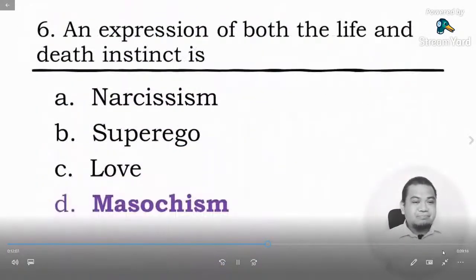Next number. An expression of both life and death instinct is? The answer is masochism. Masochism, like sadism, is a common need, but it becomes a perversion when eros becomes subservient to the destructive drive. Masochists experience sexual pleasure from suffering pain and humiliation inflicted either by themselves or by others.